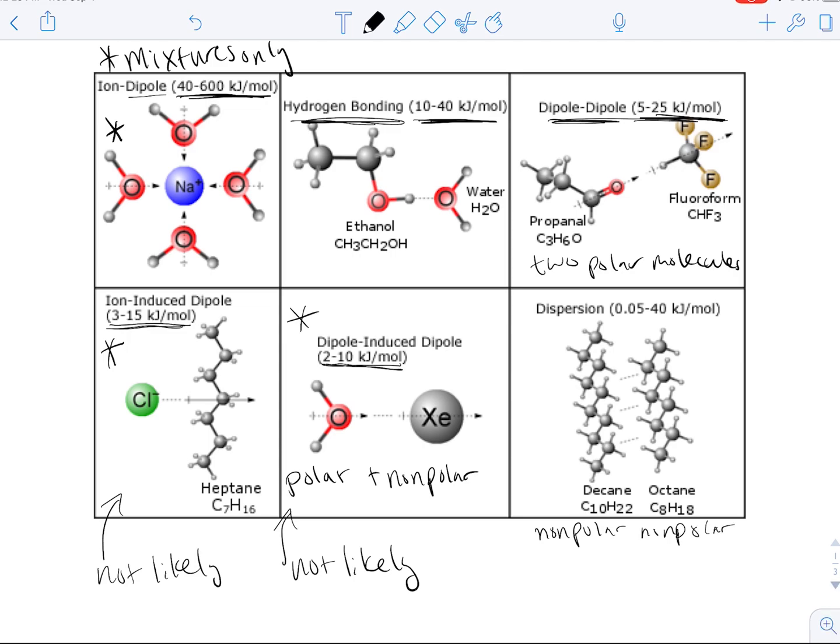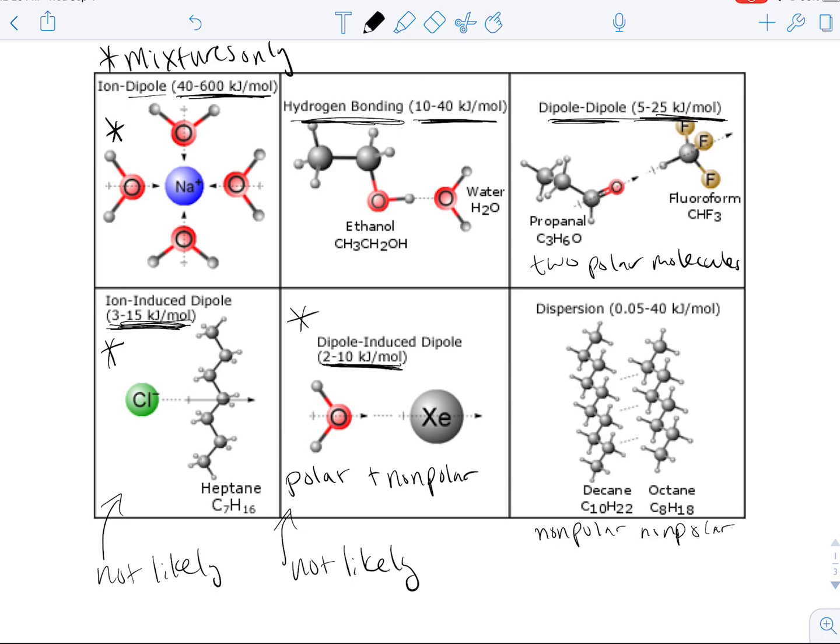With our induced dipole interactions with ion or dipole, like I said, those are not very likely to occur because our delta H of solution is a very positive value, because of how very little payback we get by making these solutions, how energetically unfavorable these are. But if we have a large enough induced dipole and a weak enough interaction between our ions or between our dipoles, sometimes it will occur.